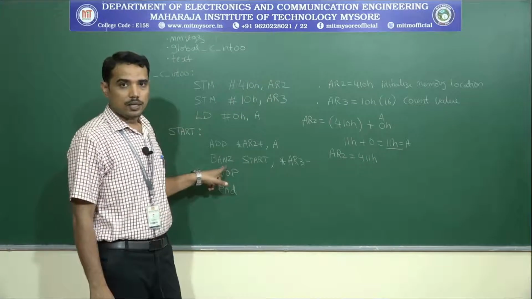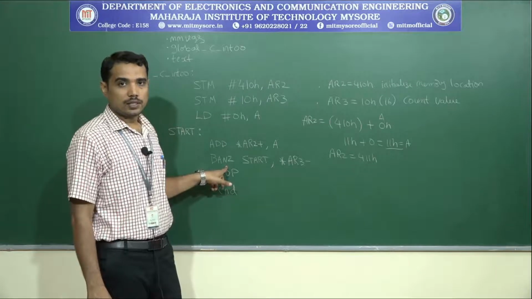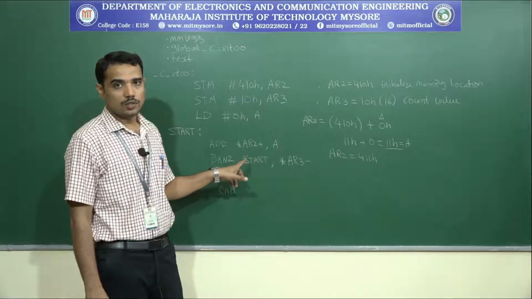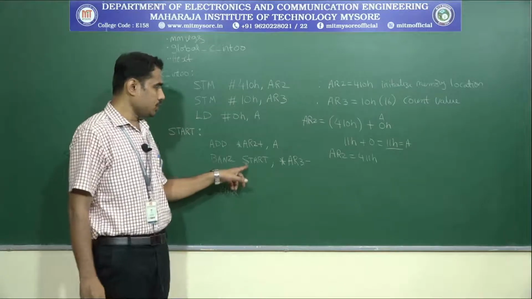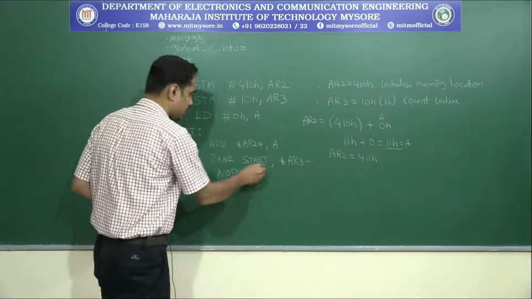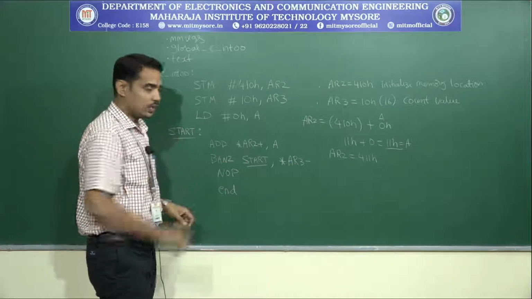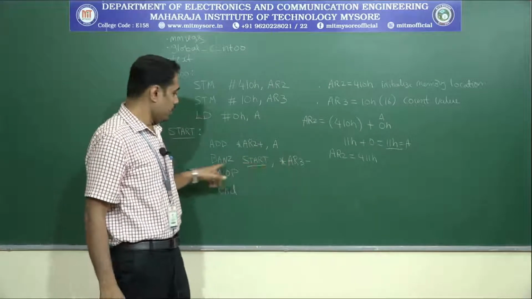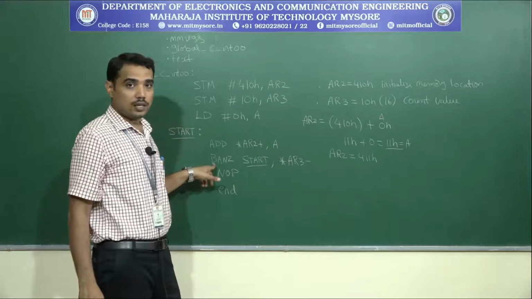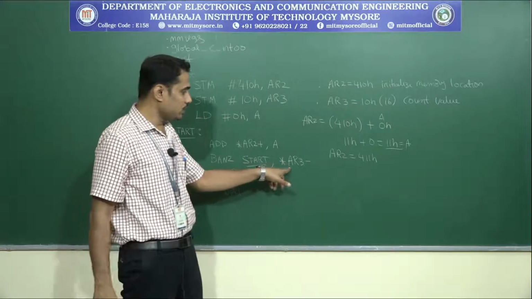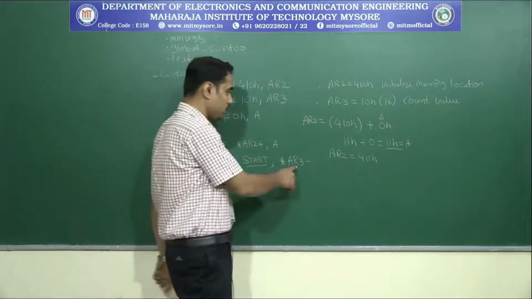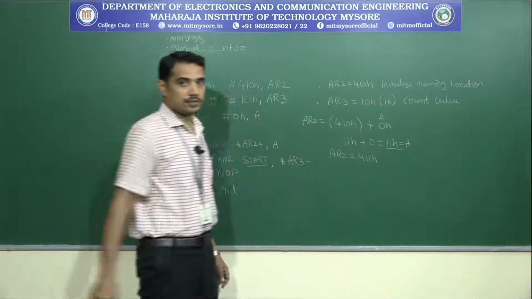Okay. BANZ stands for branch on auxiliary register not equal to 0 with respect to the target address start. Which is the target address start? We have to come back to here if the condition is not met. Branch if auxiliary register not equal to 0. In this instruction, what happens? AR3 is decremented.